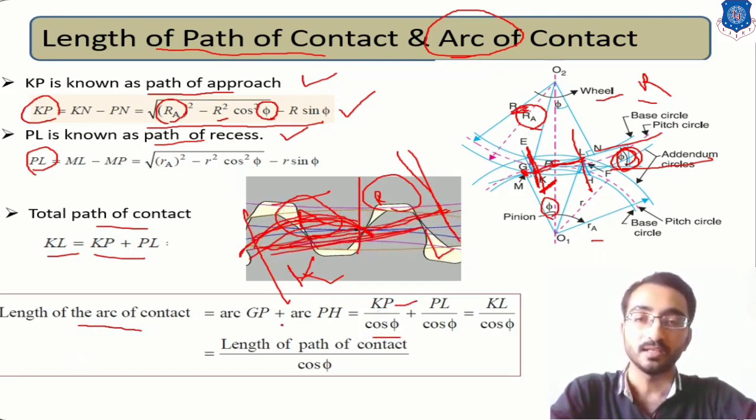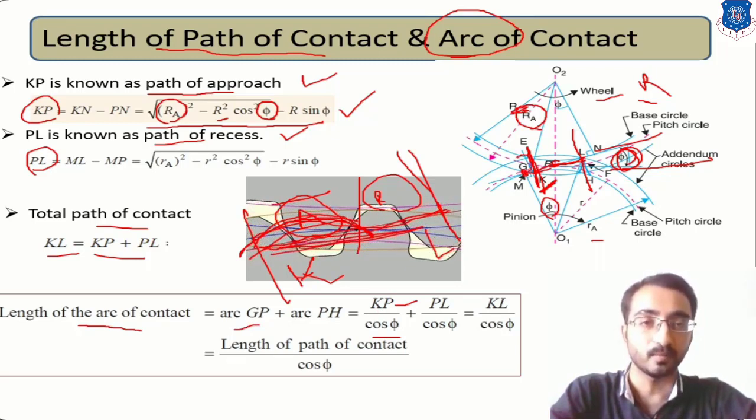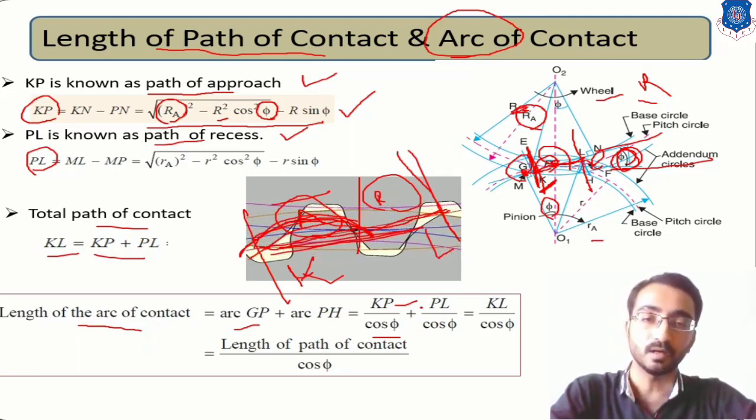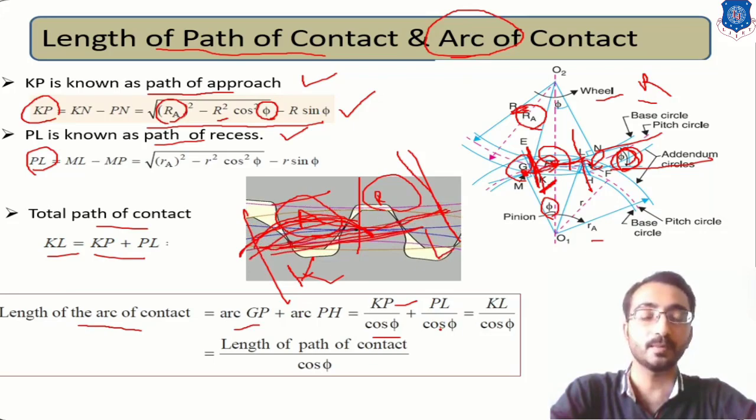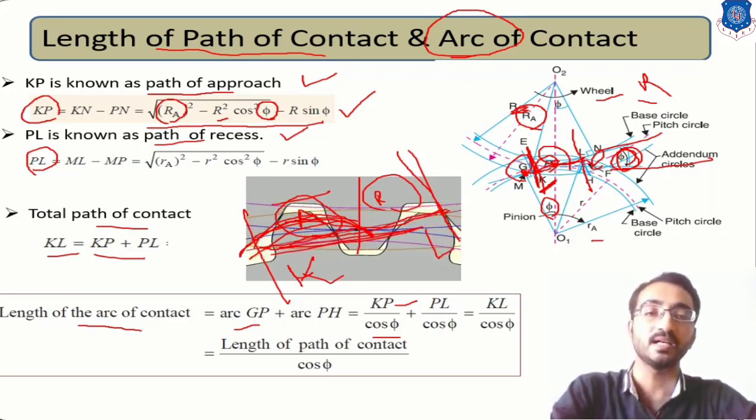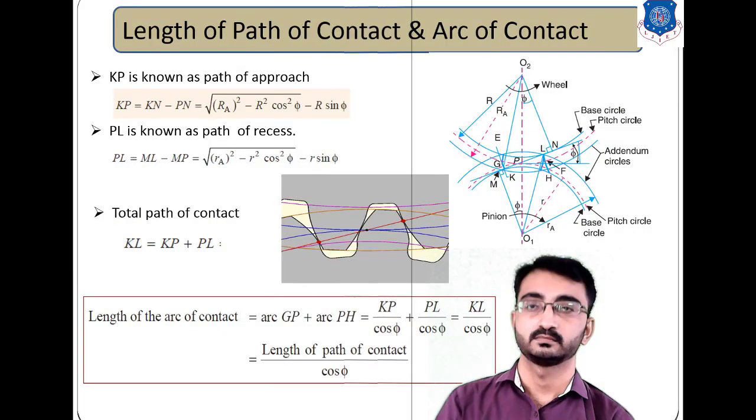If you divide it into two parts, arc from starting point G to P, and from P to point H, the extreme point, you can derive the equation KP upon cos phi plus PL upon cos phi. Overall it is termed as KL upon cos phi.